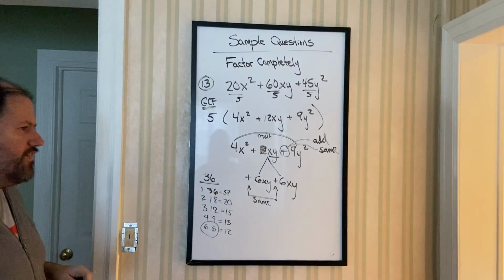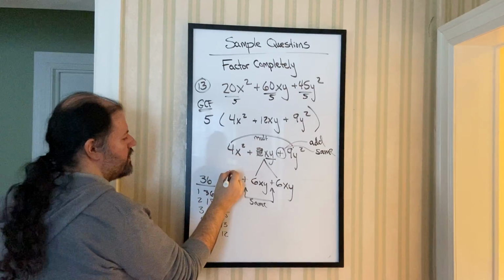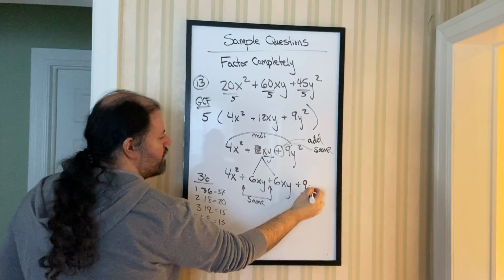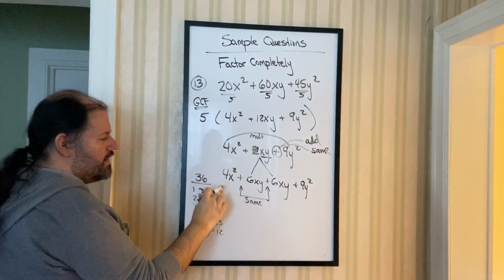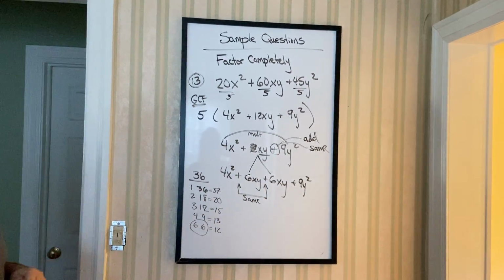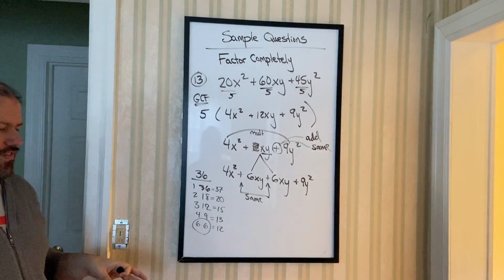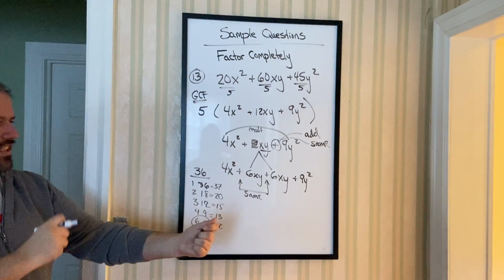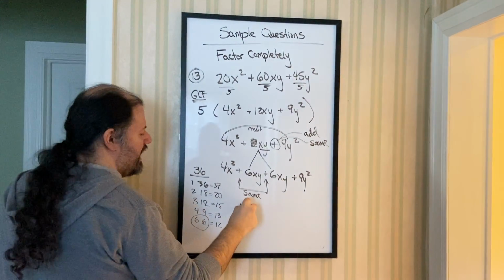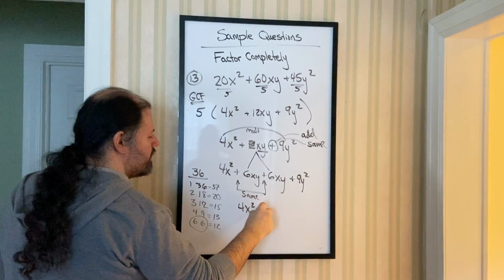Then step 7, bring down the first term, 4x squared. Bring down the last term, positive 9y squared. Now because this is 1, 2, 3, 4, we are done with the arch. Arch does not do factoring. All it does is stretch it to 4 terms. When you get to 4 terms, that's where you actually do the factoring.